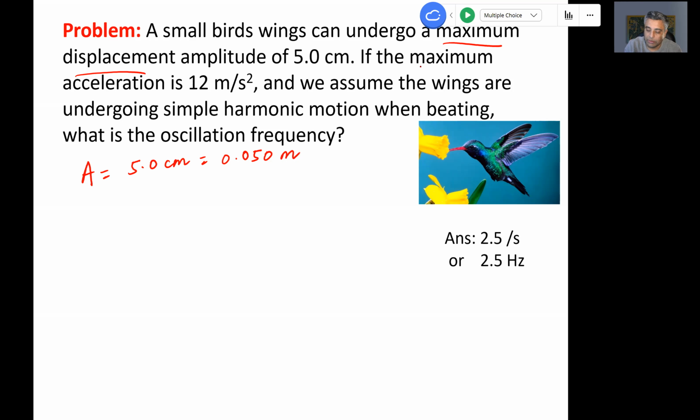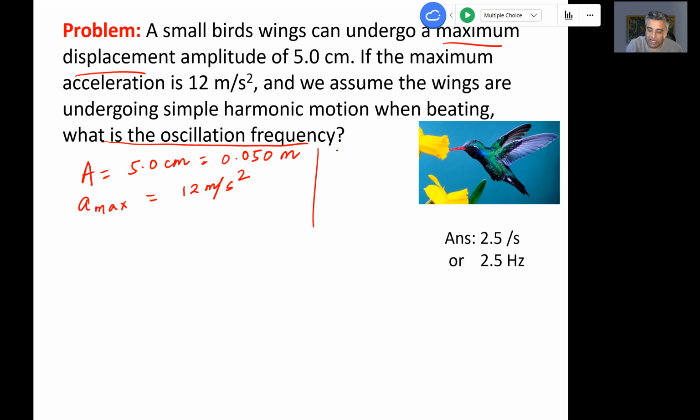And it says acceleration. See, acceleration versus maximum acceleration, they are different things. Acceleration keeps changing with time. Maximum is fixed for that motion. And we have a formula for that. And we assume, so that means, what is the oscillation frequency?